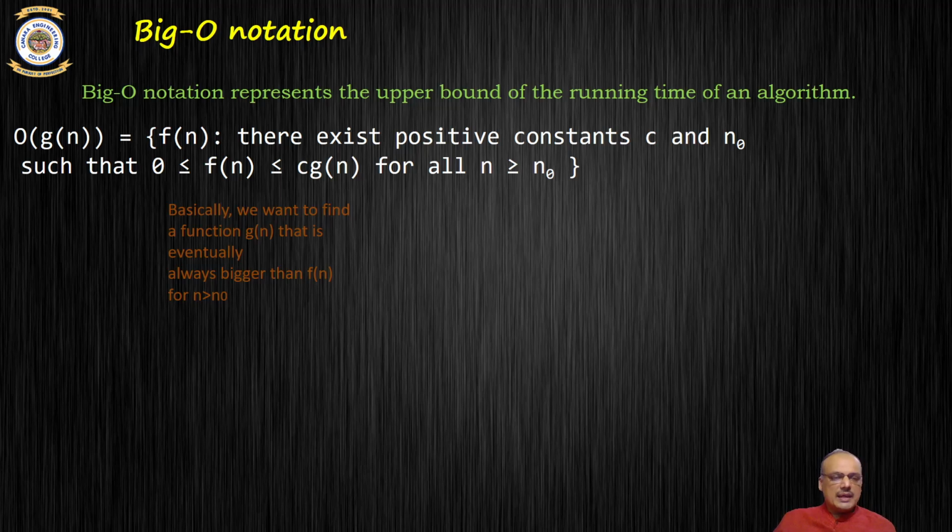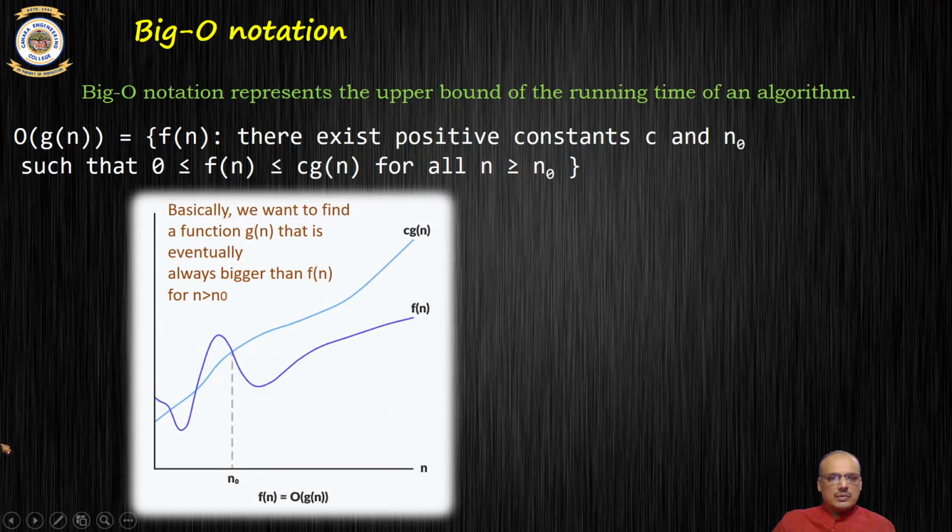So if we can say that the given algorithm's time complexity is always going to be smaller than the complexity of another algorithm, then we say that the given algorithm f of n is a subset of g of n. So that is what it means. Okay, so graphically, this is what it means. We want to find a function g of n that is always bigger than f of n.